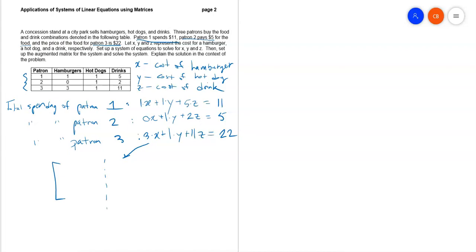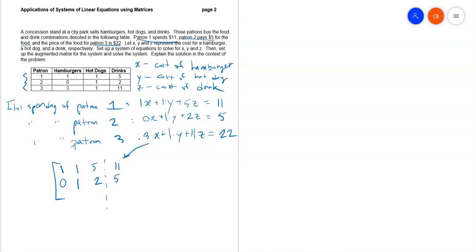So the first equation has 1x, it has also 1y, and then it has 5 z's, and these all together make 11. And then the next one, there are no x's, there is 1y, and there are 2 z's, and then this will equal 5.